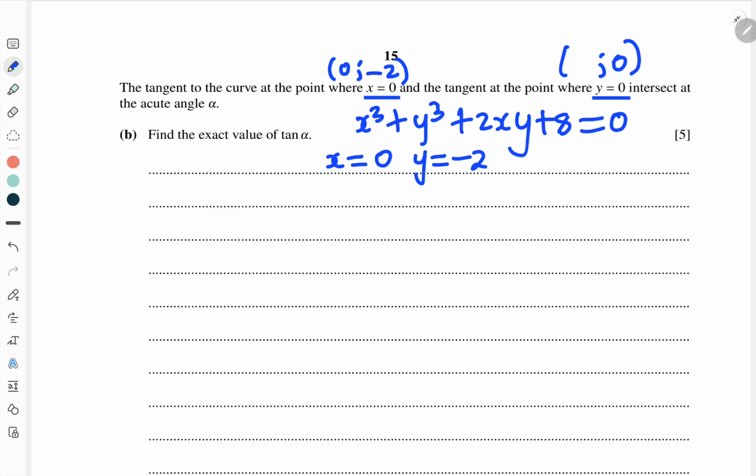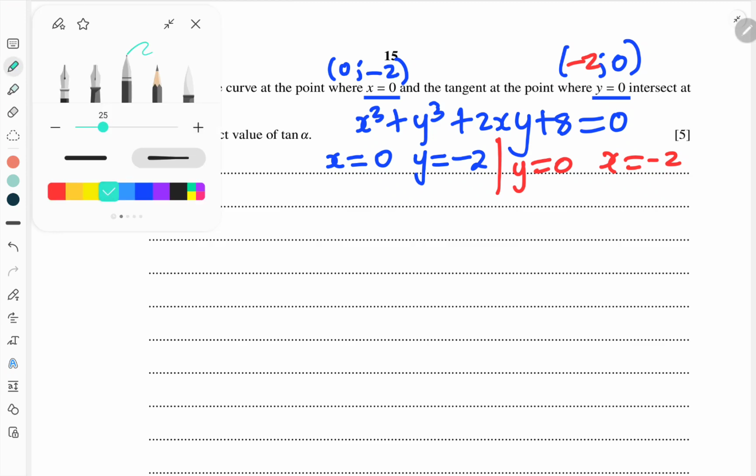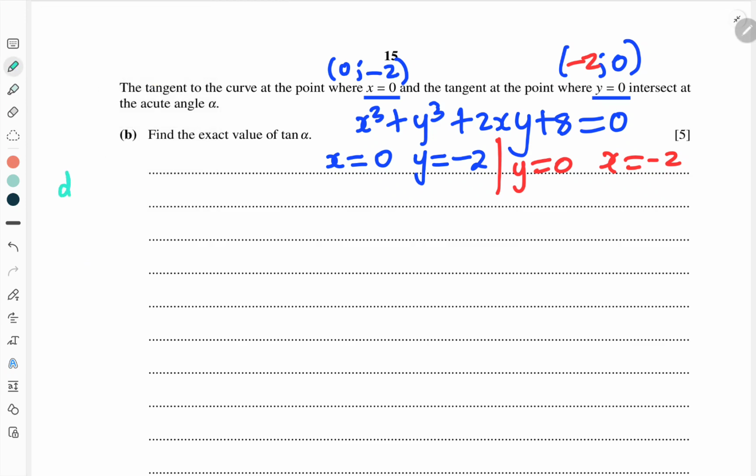So you substitute y is 0, you also get x is -2. So there we are, we now have a pair of coordinates. Then the next thing is we need to get the respective gradient for each of these. So gradient is going to come from the dy/dx.